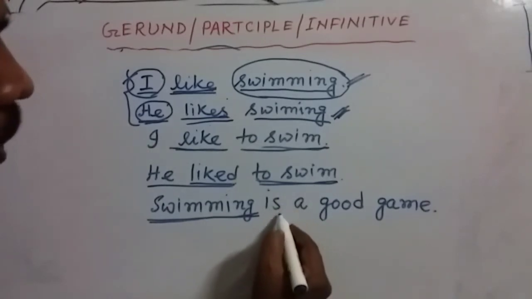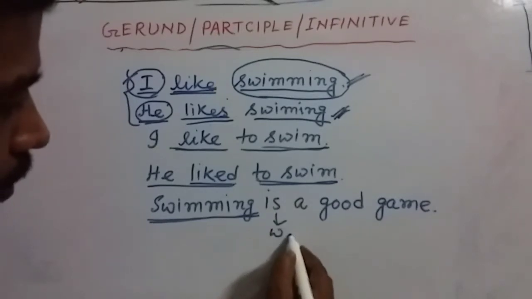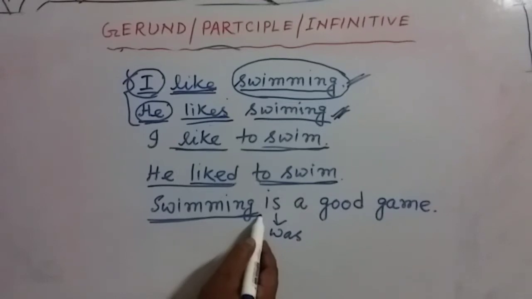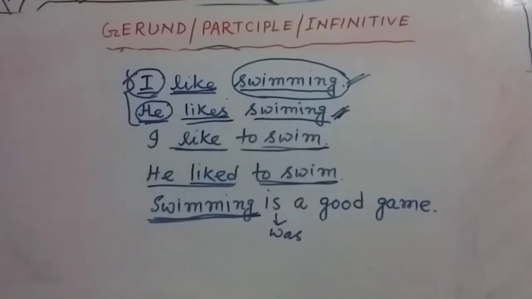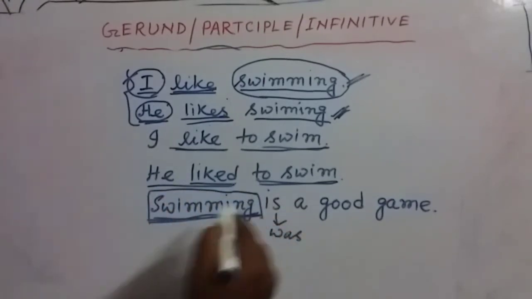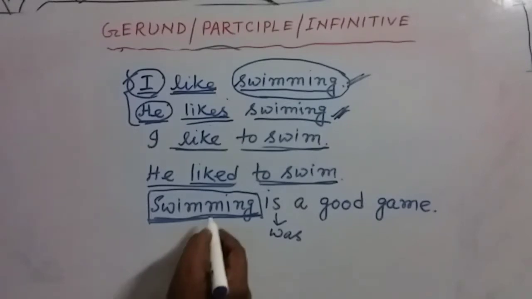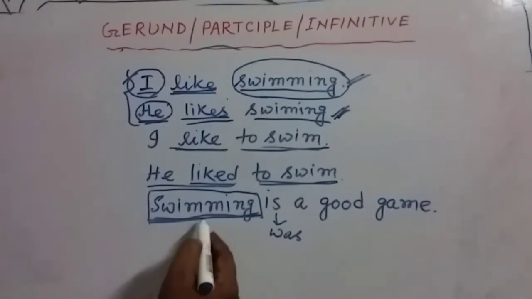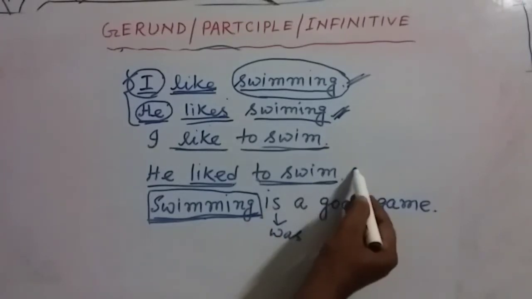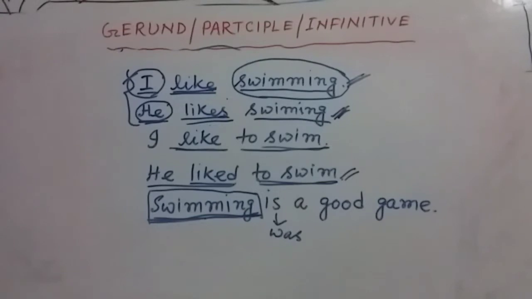So if we write down was, it will not affect this section. As per the person and number, these will not change. Even though you can see these types of words are formed with the base form of verb and ing, or here the base form of verb and before that to.